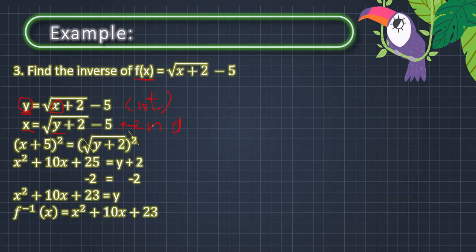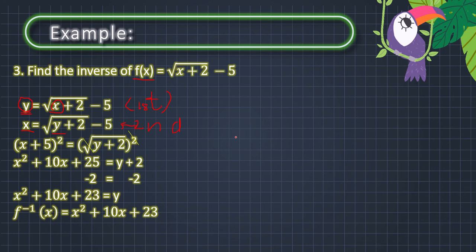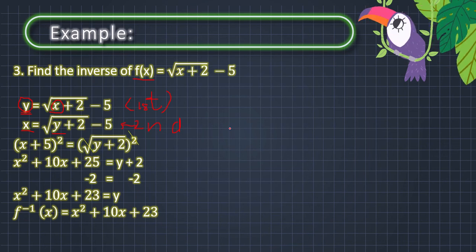Now, we need to solve again for y. Before we can solve for y, we need to extract the square root. How do we eradicate the square root? By simply expressing the right side into the power of 2, and also the left side.